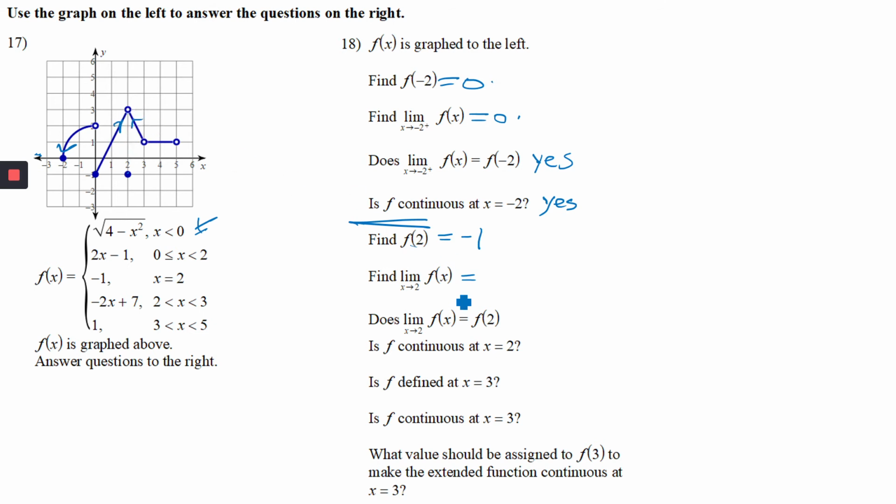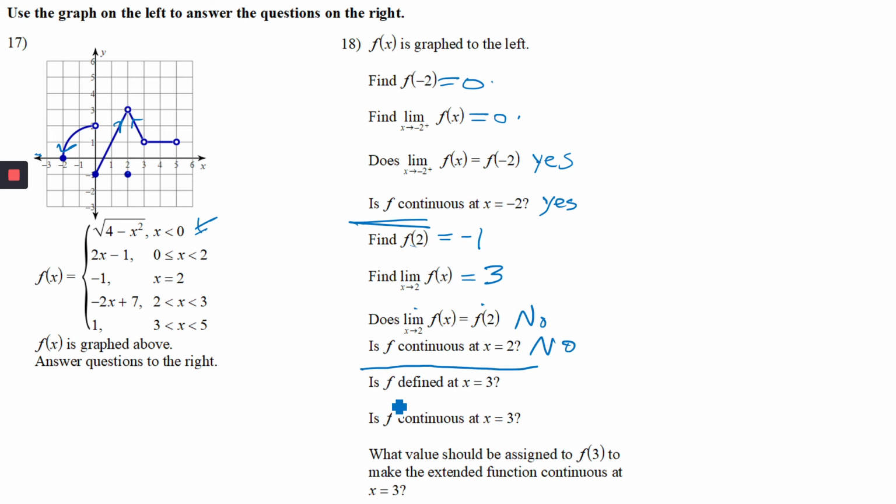Oh, it gets closer to 3. Does the limit equal the function value there? No. So is the function continuous? No, it's not continuous. So that contradicts the definition of continuity. For it to be continuous, the limit has to be the same as the function value at the same x value.